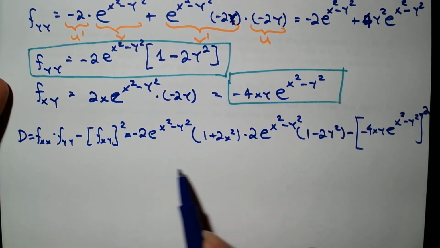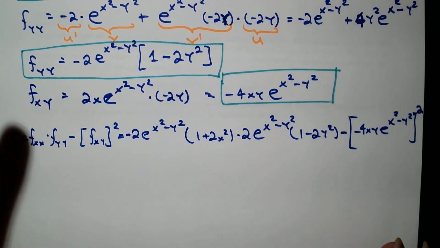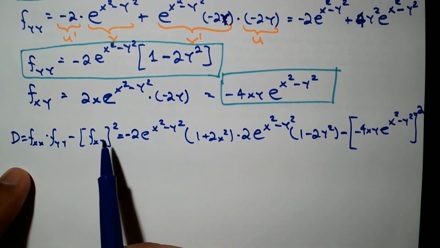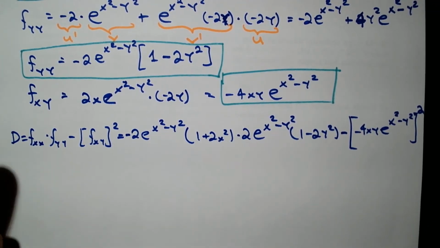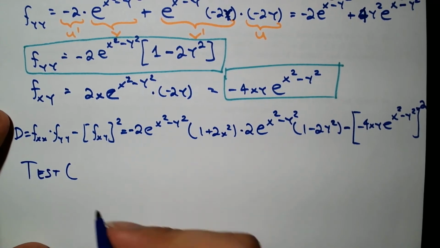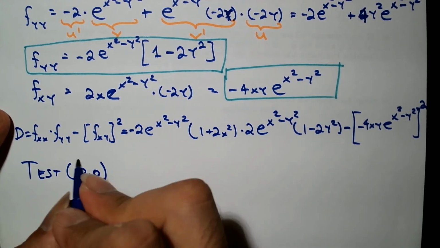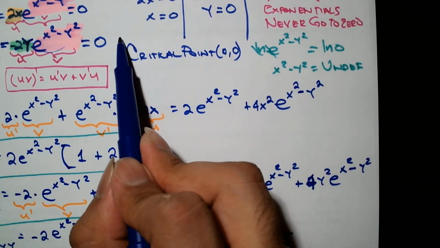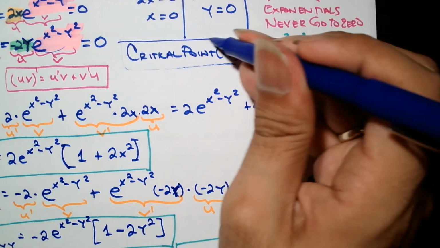So the reason why I like this example is because after you have looked at the easier examples, you look at this one and now you see how everything works when we test the critical number, which in this case is 0, 0. Well, thank God we're not testing more points. That's the only critical point.